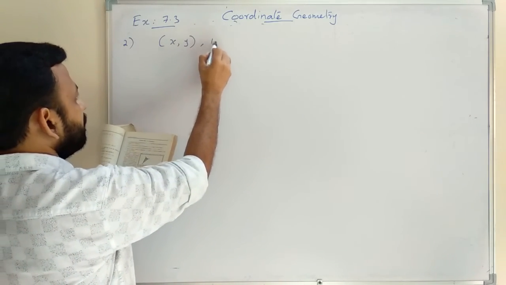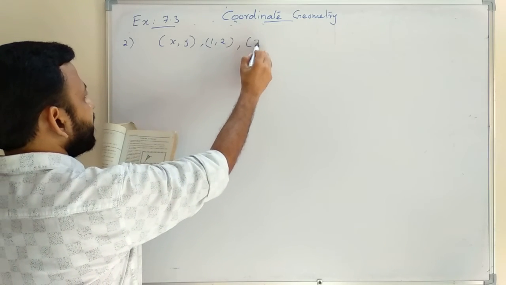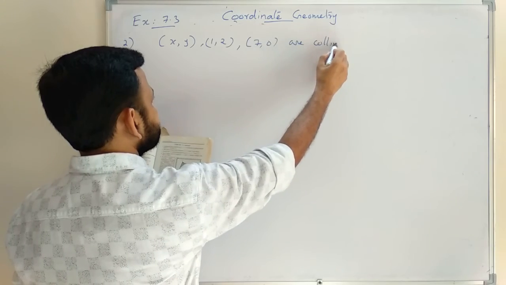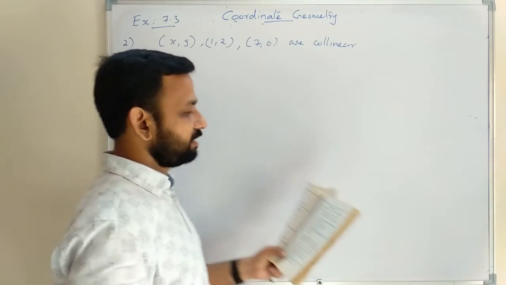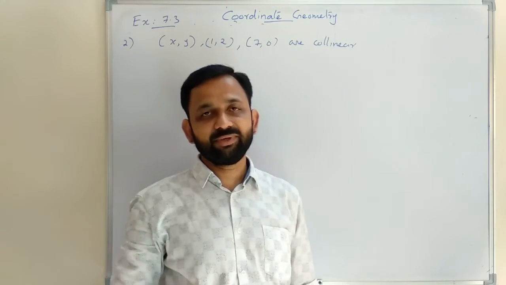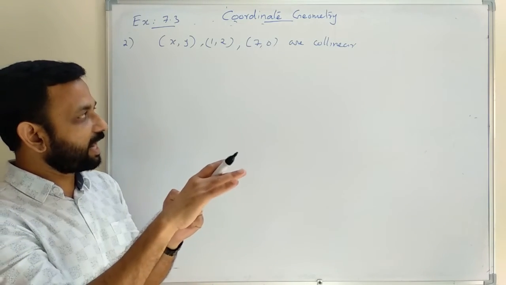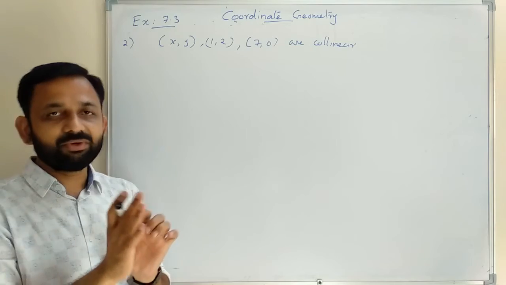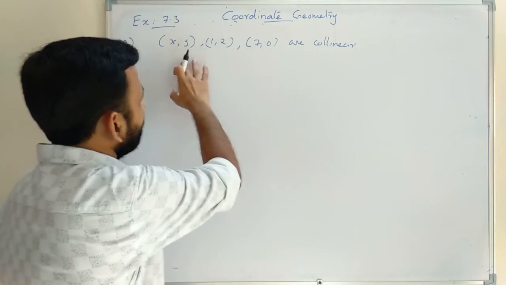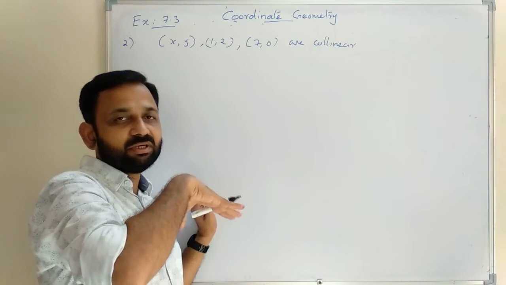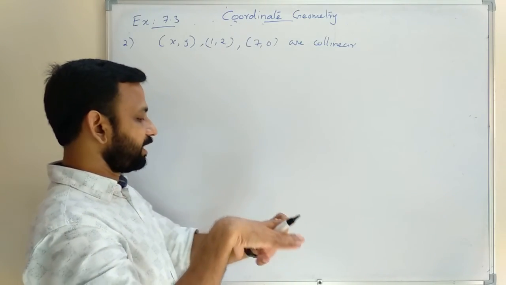So they are collinear. If they are collinear, then area of the triangle formed equal to 0, because these are collinear points, points lying on the same line.